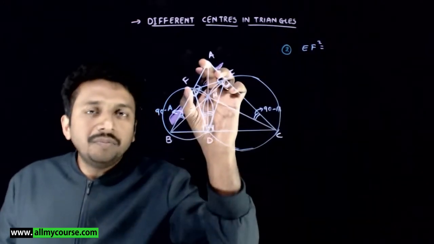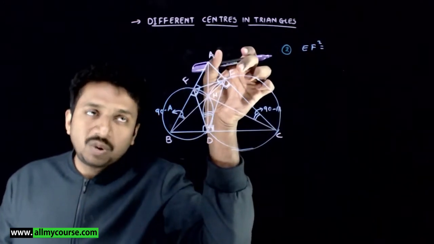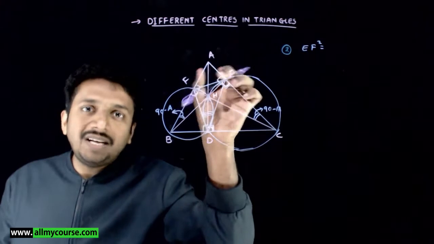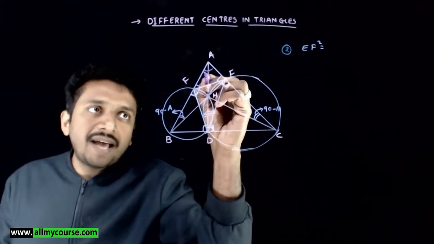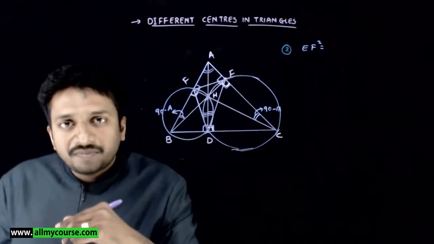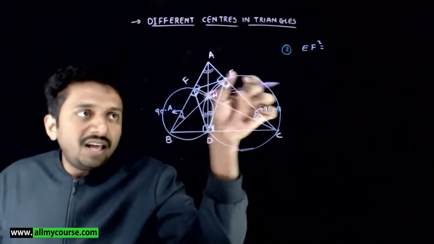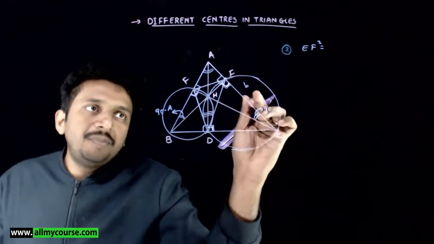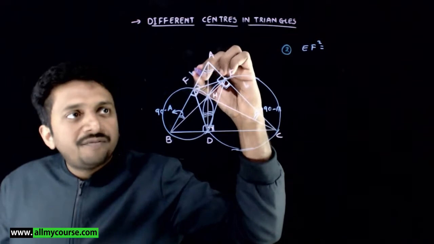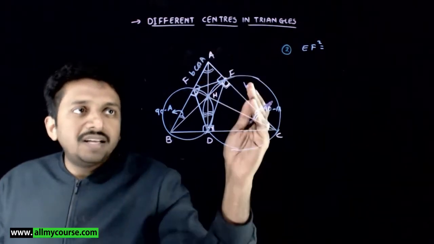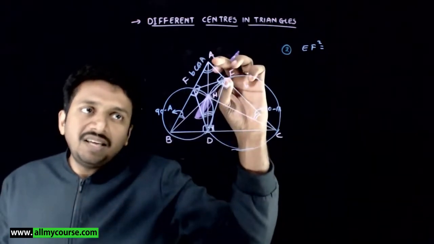EF square is equal to AF square plus AE square minus 2 times AF times AE times cos of the angle between the two sides. And what is AF? AF is nothing but b cos A, from the projection rule. And what is AE?